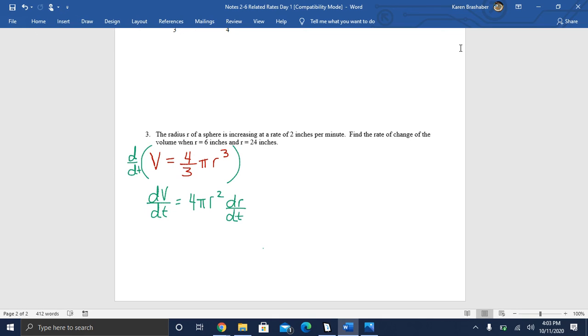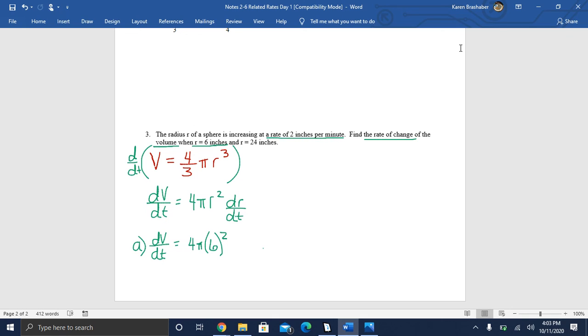So this is looking for the rate of change of the volume at the moment in time for part A when the radius is 6. So we're looking for dV/dt. The radius given to us first is 6. And it says the radius of a sphere is increasing.